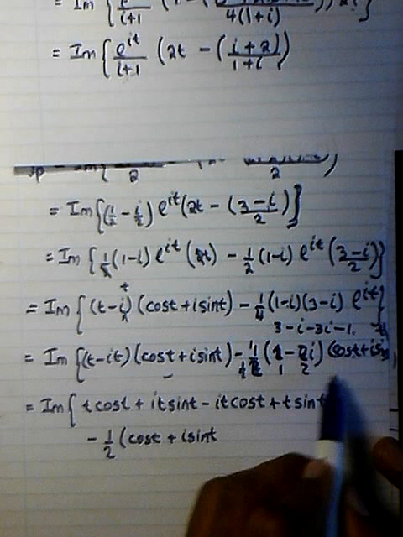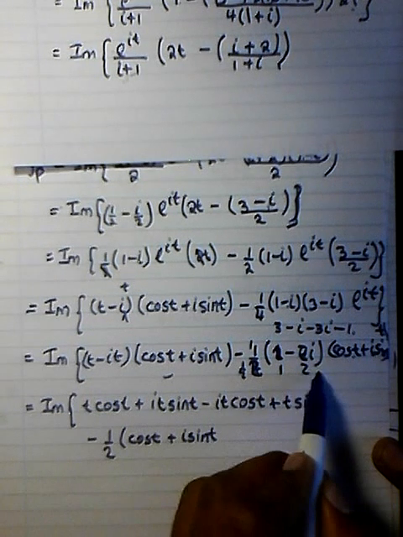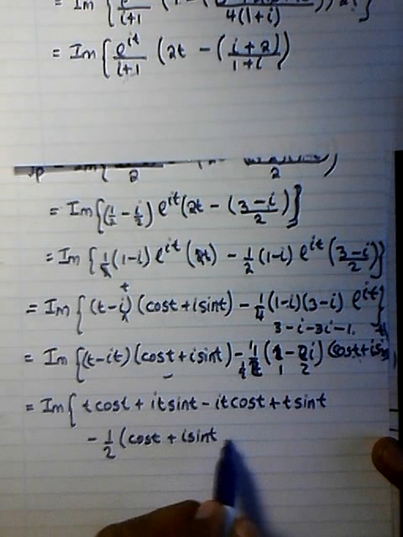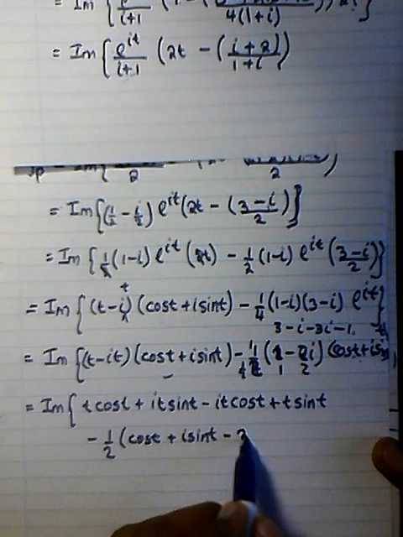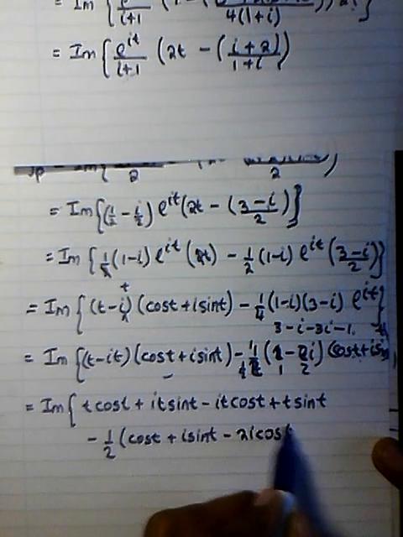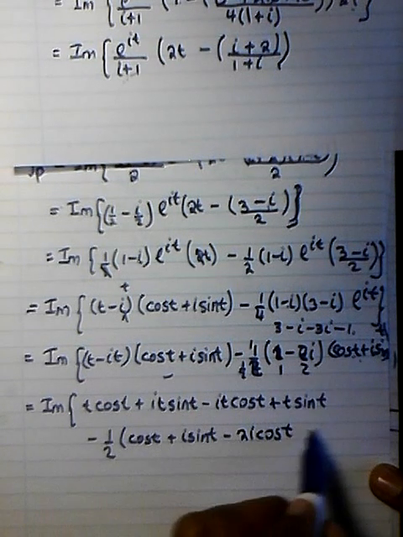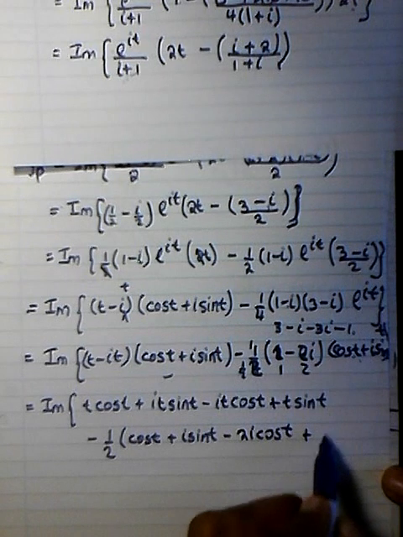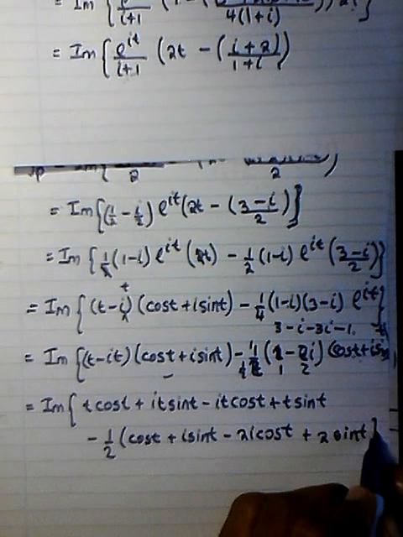And then 2i multiplied by cos of t, we're going to get minus 2i cos of t. And then we're going to have plus 2 sine of t.